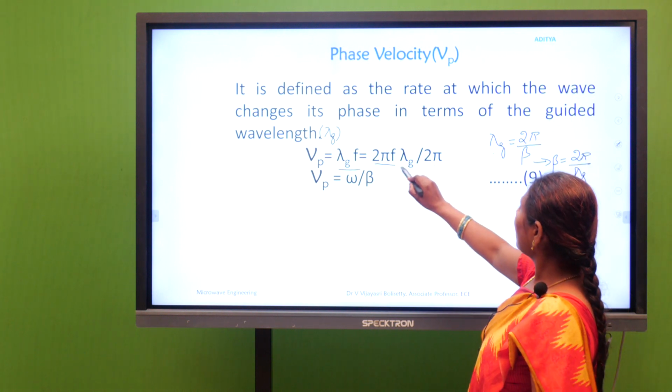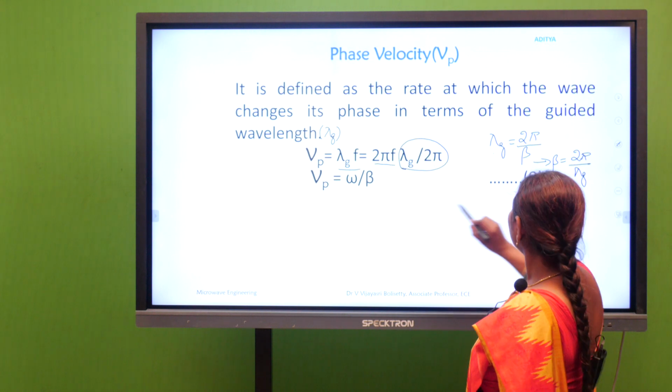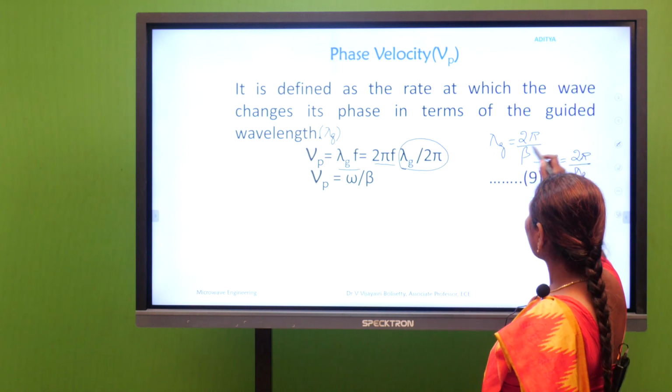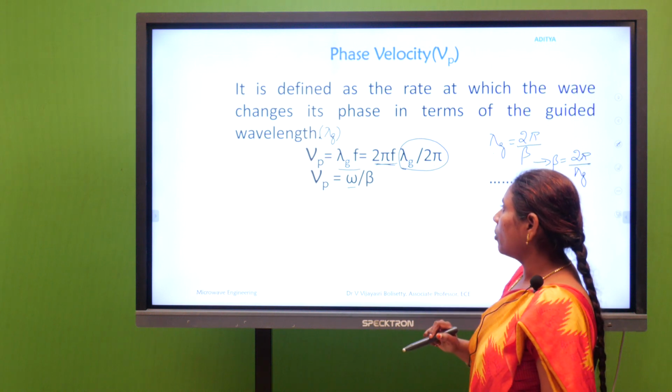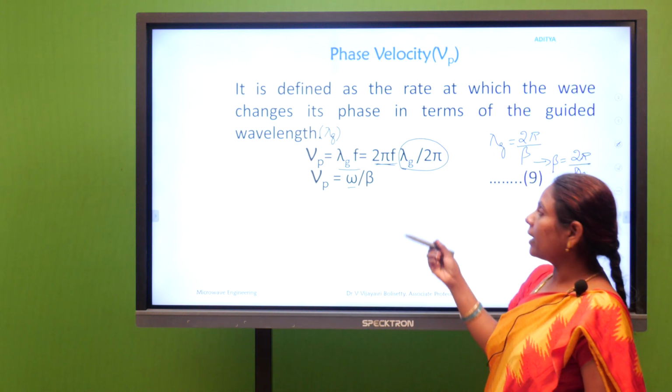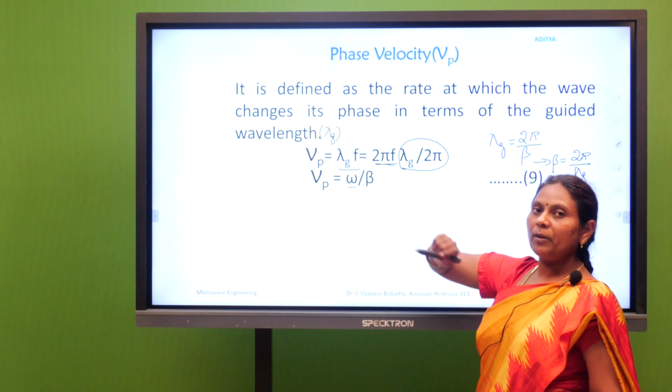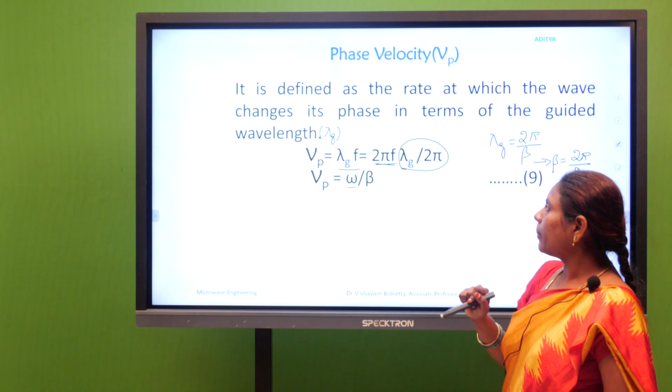And 2 pi f can be written as omega, the angular frequency. So the phase velocity Vp is equal to omega by beta.